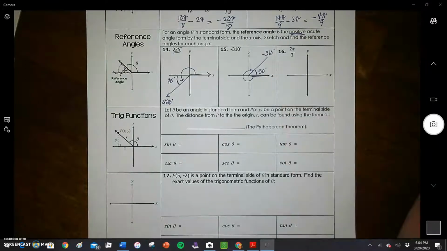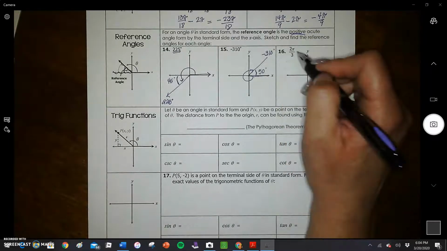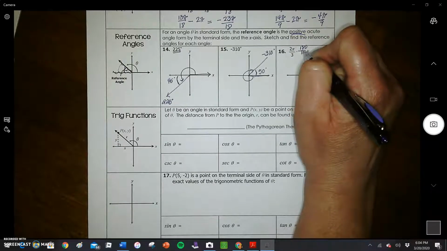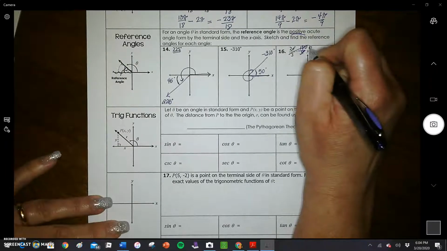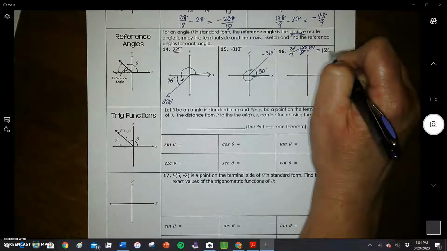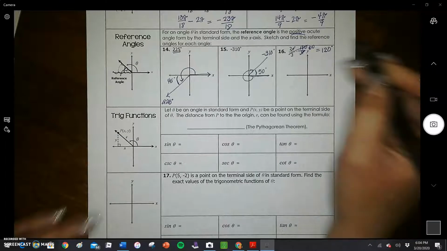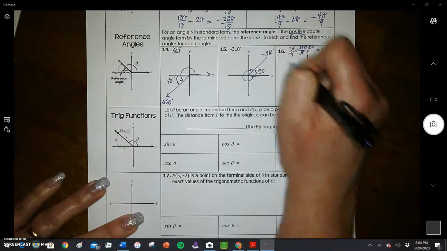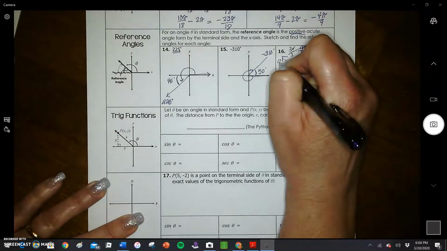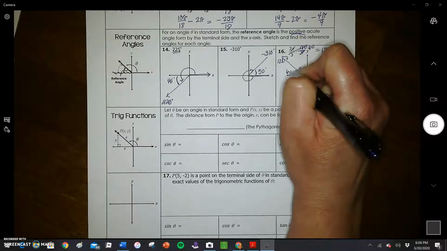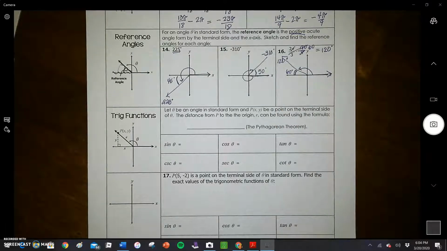2 pi over 3, we may not quite fully understand what radians are yet, so I'm going to convert this into degrees, okay? 2 pi over 3 is the same thing as 120 degrees, and so I know that 120 degrees, if I start at 0, is going to be over here, right? This is 120 degrees, and so this opening inside here, this reference angle, is 60 degrees.